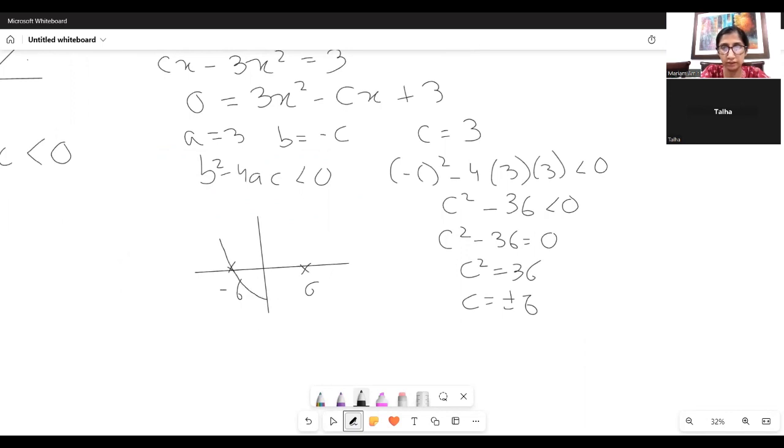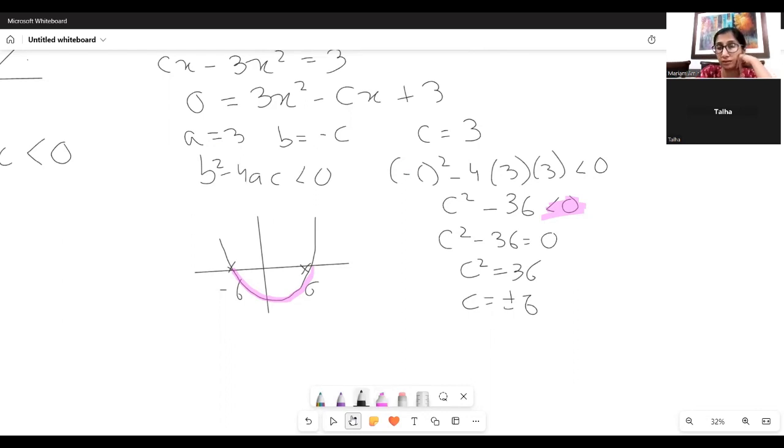The curve will look like this. And the inequality this time is less than 0. Less than 0 is this part of the curve. So what are the values in this region? Less than 6, and greater than -6.